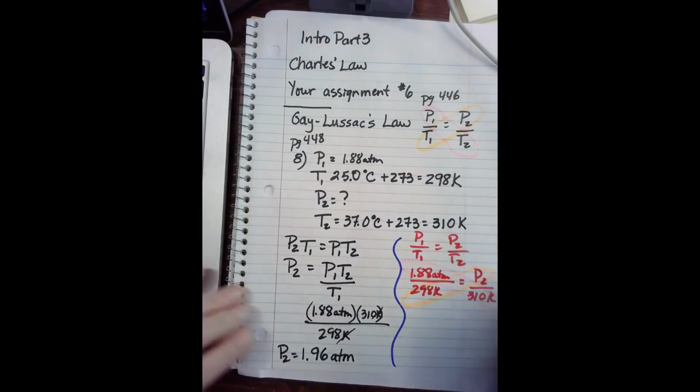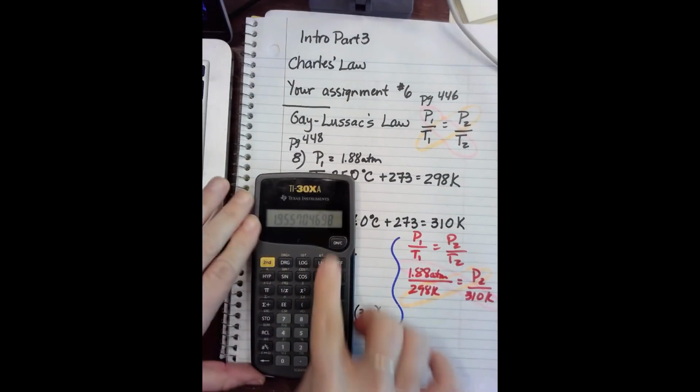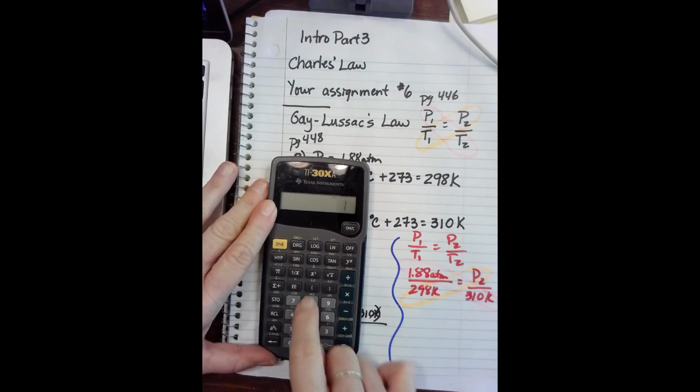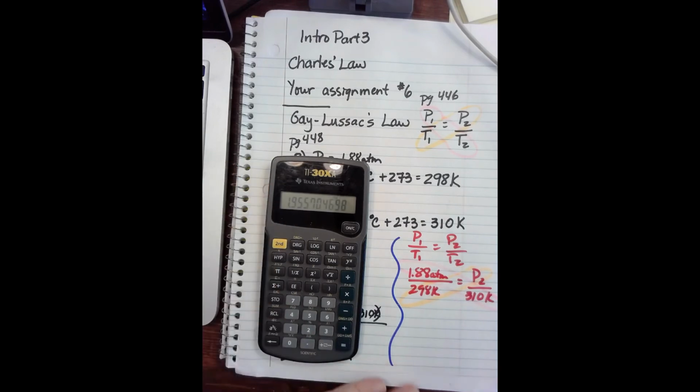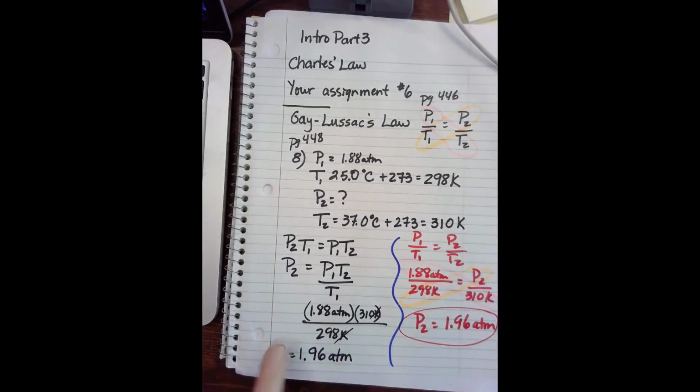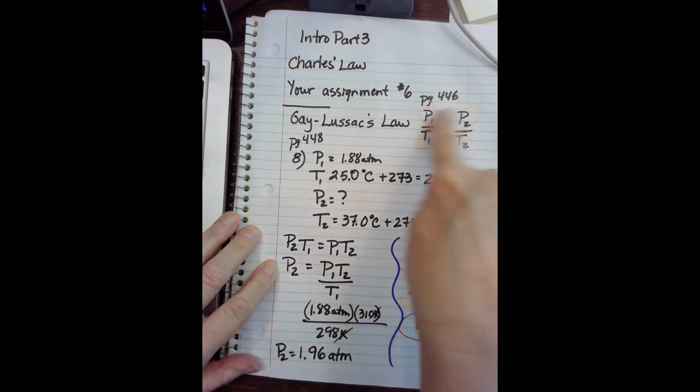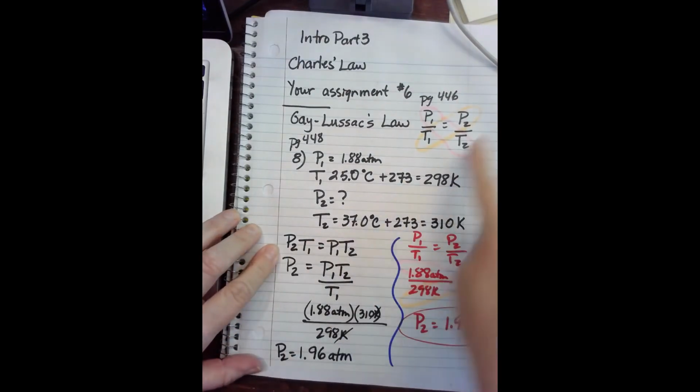So if I fill in this, then we will go 1.88 times 310 divided by 298. And that gets us the same answer. P2 equals 1.96 atm.